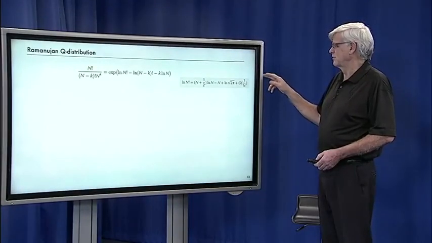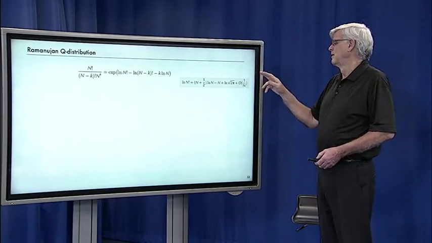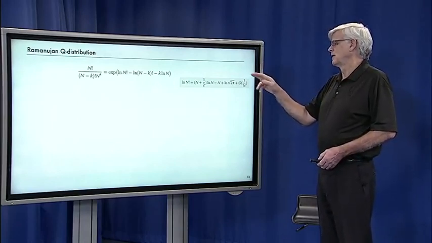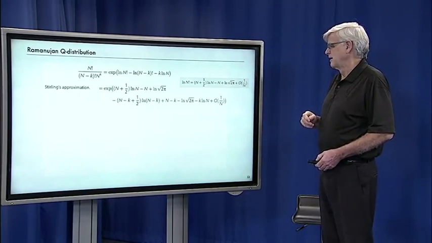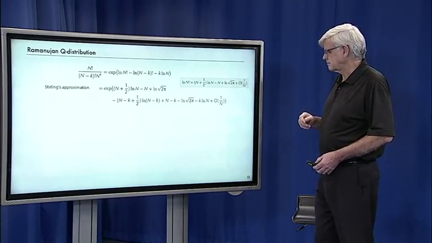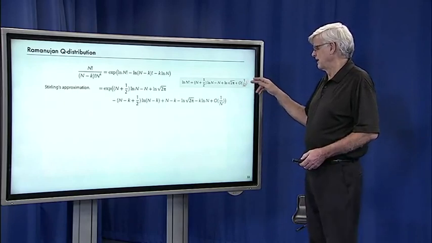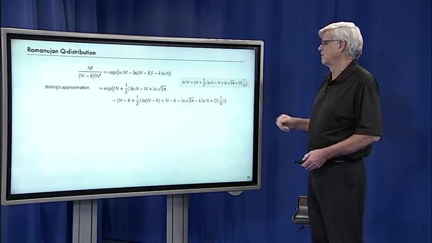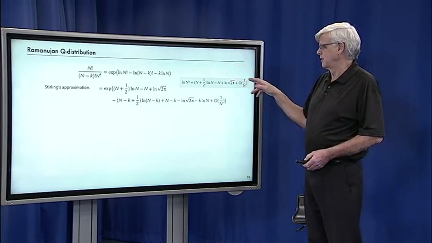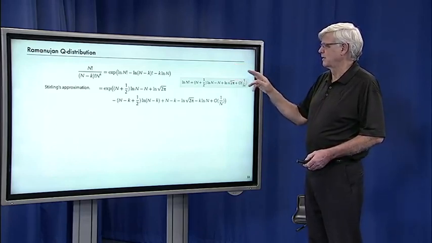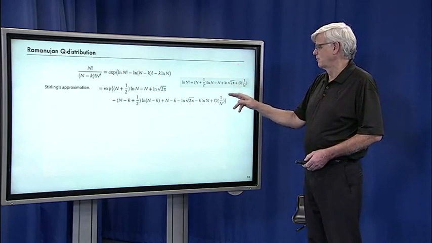That's what we'll use for the first term. For the next term, we have that value of k that we have to worry about. So we're going to have O of 1 over (n minus k), which we can cover with O of 1 over n. So that's plugging in Stirling's formula for the first two terms.